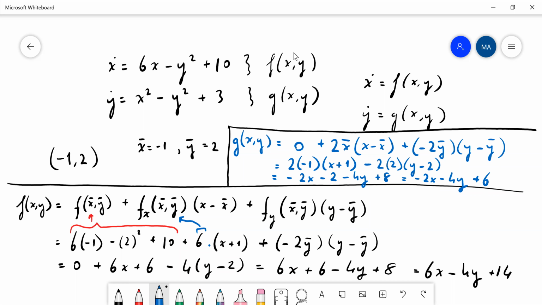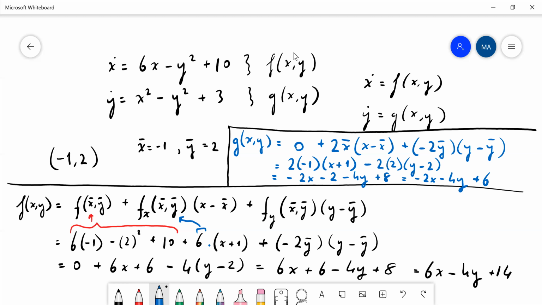No, it is not correct. I have a mistake somewhere. So let's check. 0, okay. Then I take the derivative with respect to x. It is 2x. I evaluate it at x bar. X minus x bar plus I have the derivative with respect to y. It is minus 2y. I evaluated at x bar, y bar. So I have minus 2 times y bar.